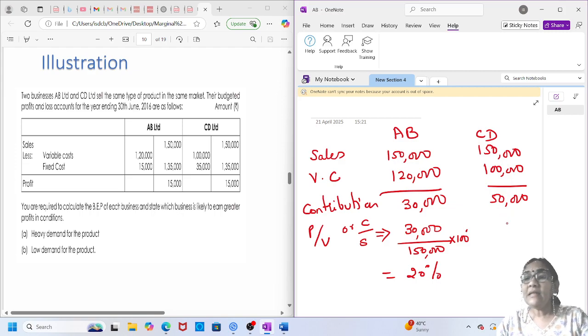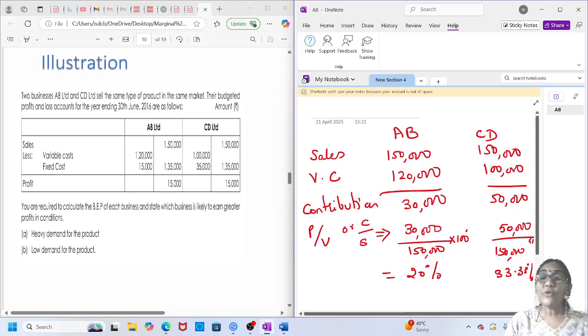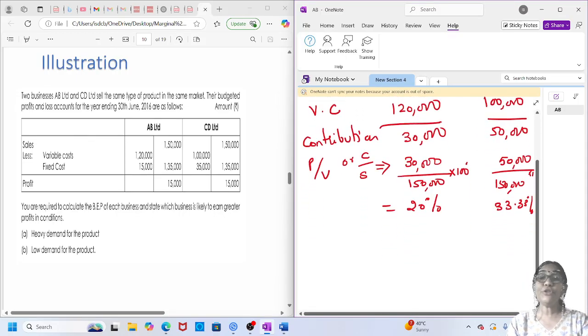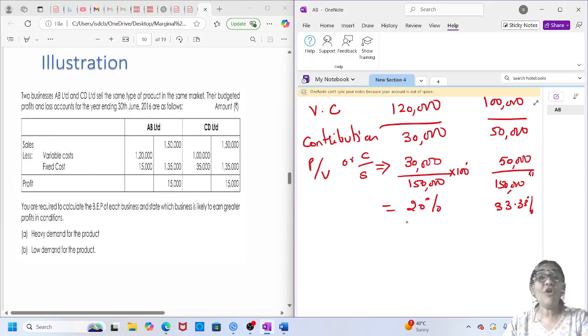Yeah. And in this case, it would be 50,000 upon 1,50,000 into 100, right? So this will give you 33.33%, right? So in this case, the PV ratio for B is more, right?